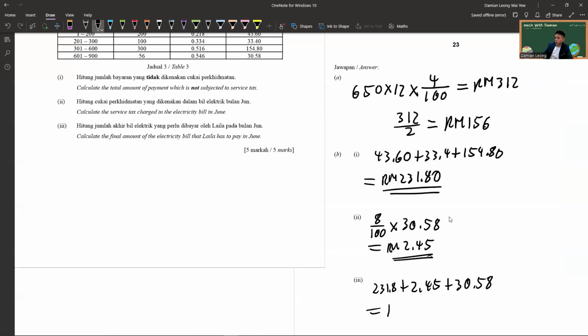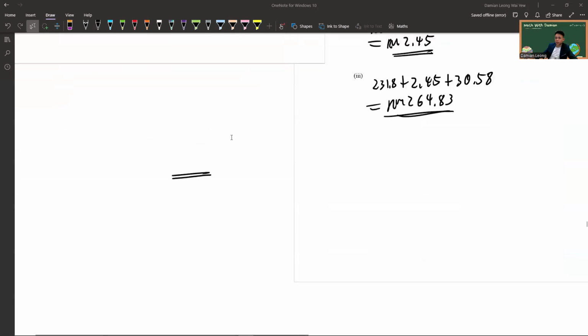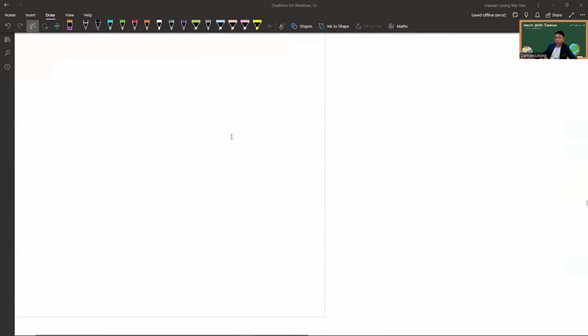So we get 264 ringgit 83 cents. That's it. Yeah, just like that. That's question 14.